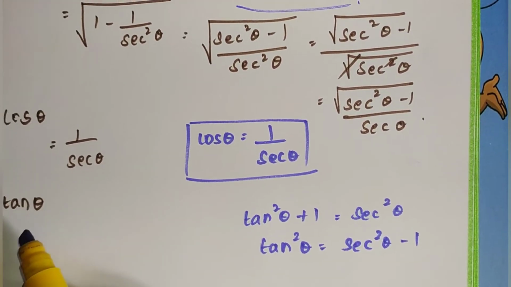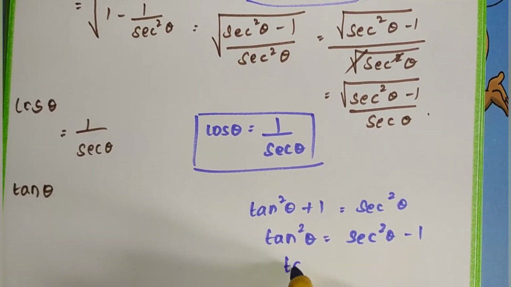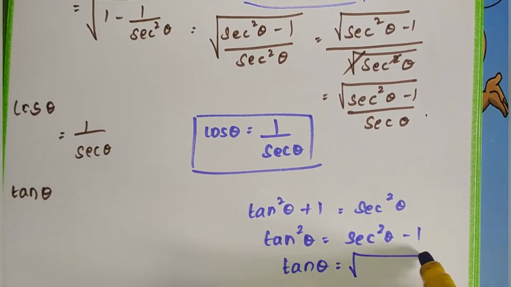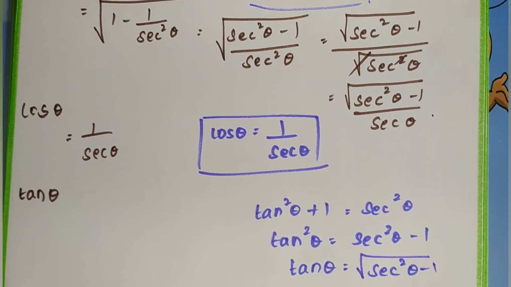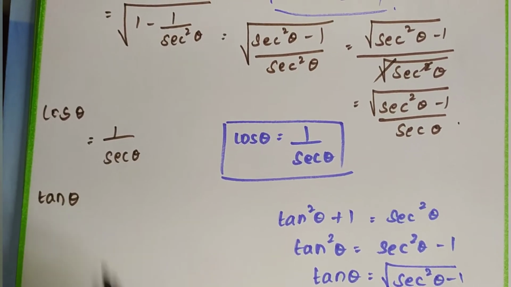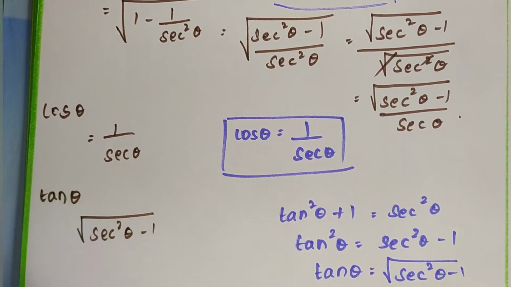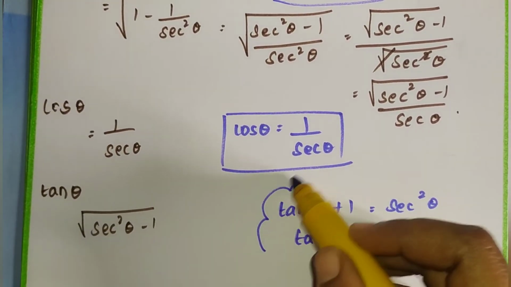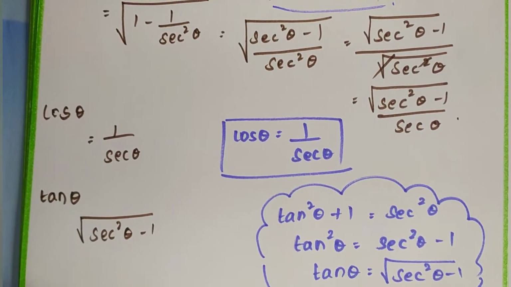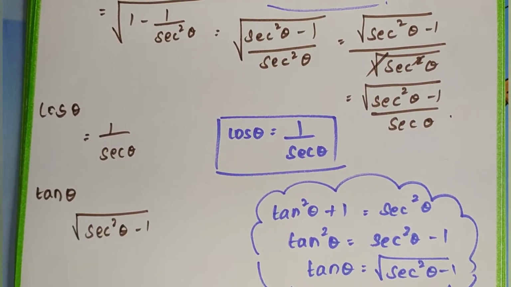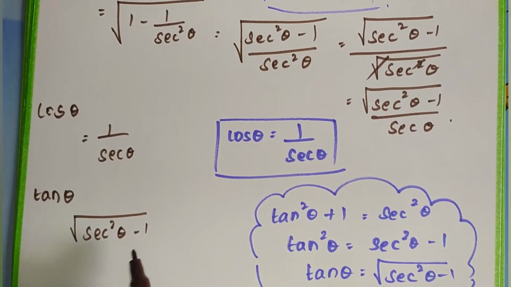And now here we have tan theta only, so shift the square to the other side. Then what you will get? Root of secant square theta minus 1. Clear? Now write it here. So we change tan theta in terms of secant theta.